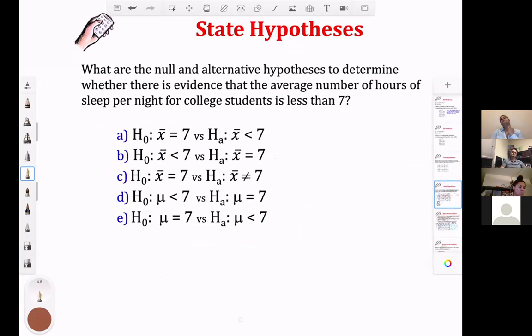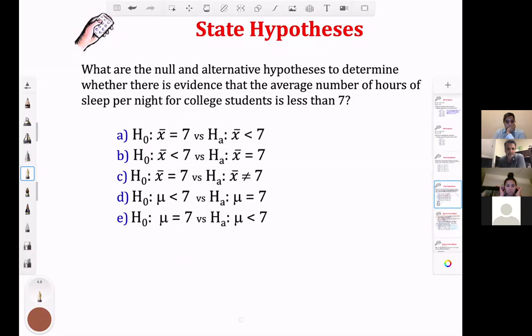What about this one? Those are related to your homework. What are the null and alternative hypotheses to determine whether there is evidence that, so evidence, we talk alternative hypothesis, that the average number of hours of sleep per night for college students is less than 7. Which one should I eliminate, Rocio?